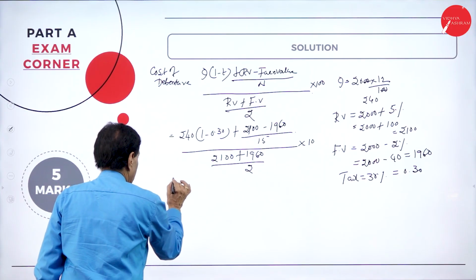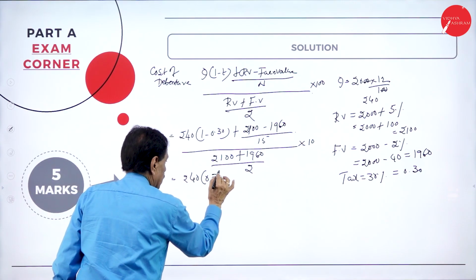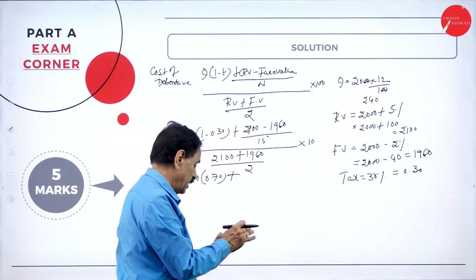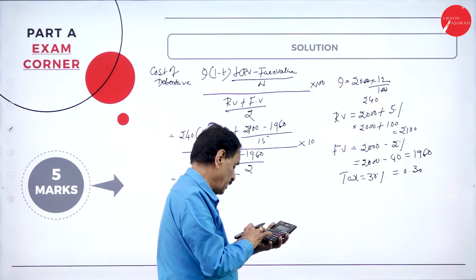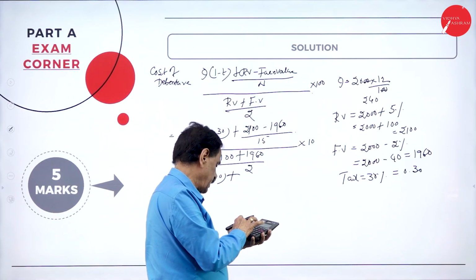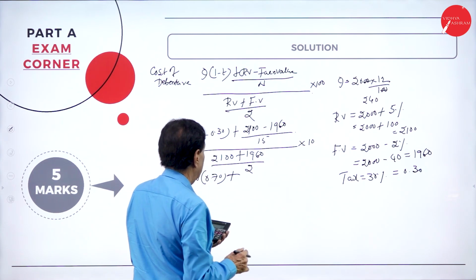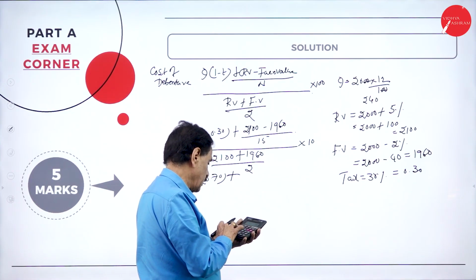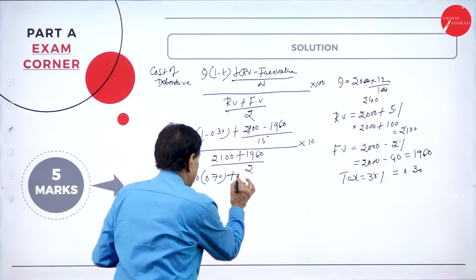Simplify. This is 240 into 0.70, which is 168. Plus 2100 minus 1960, divided by 15, which is 9.33.